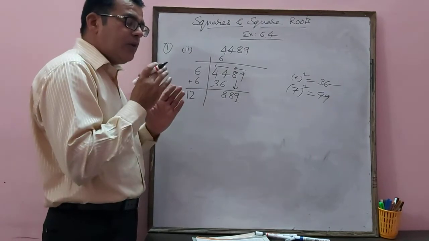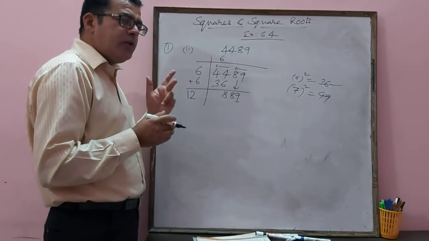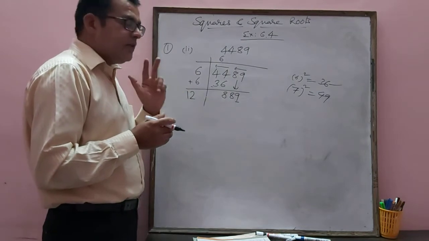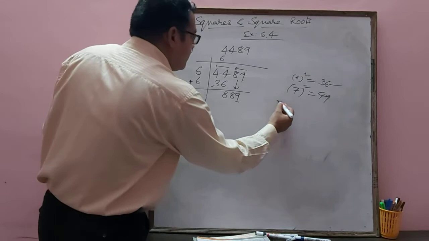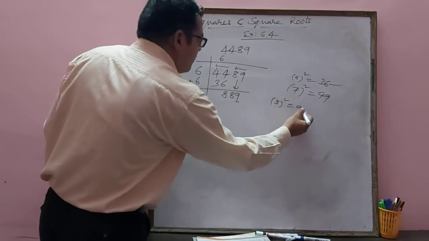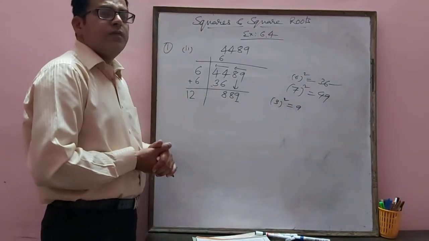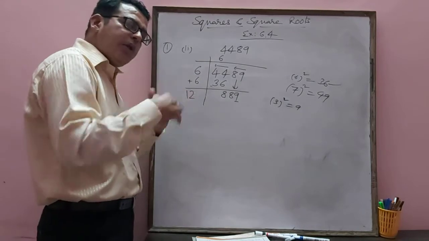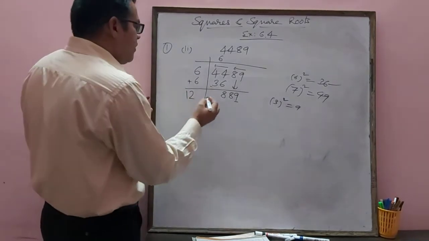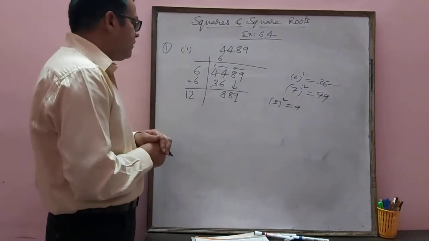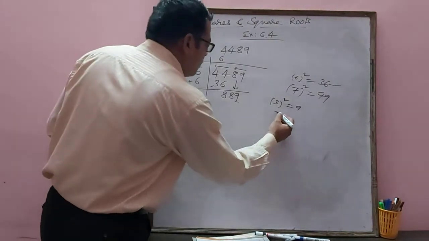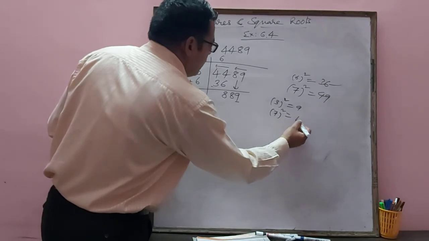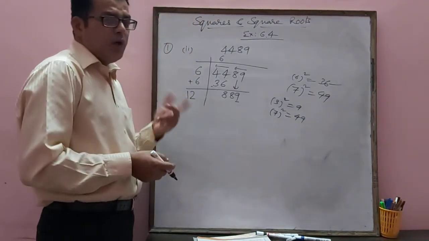Now you just recall in whose square unit digit 9 comes. So square of 3 we have 9. Square of 3 only we have 9. It means we need to put 3 here. And there is another number also. 7. Square of 7 we have 49. 2 numbers are only there.